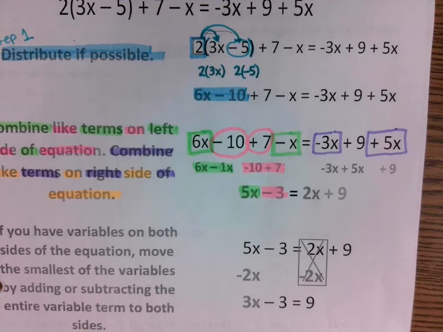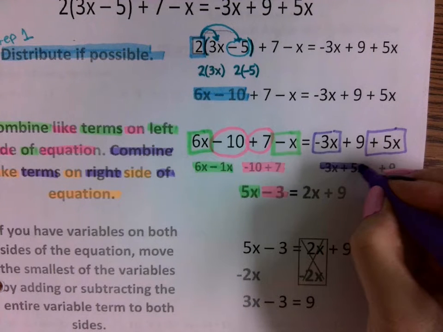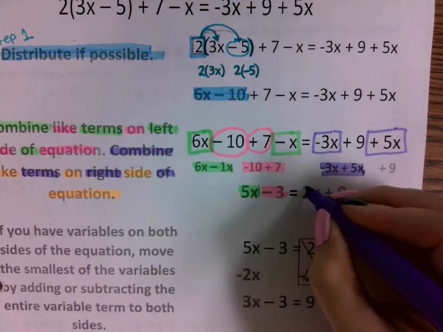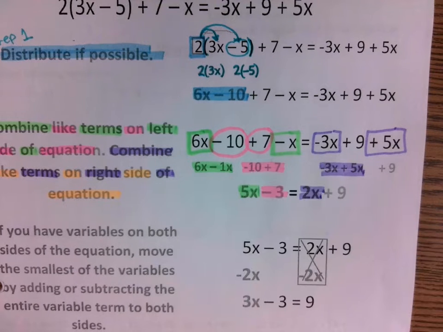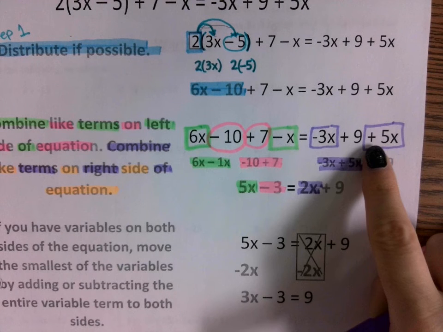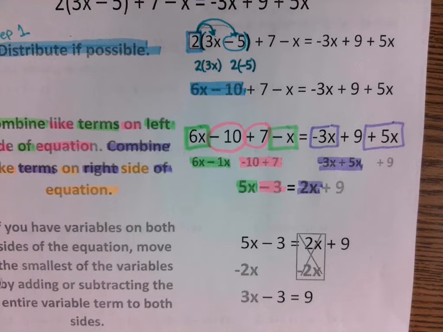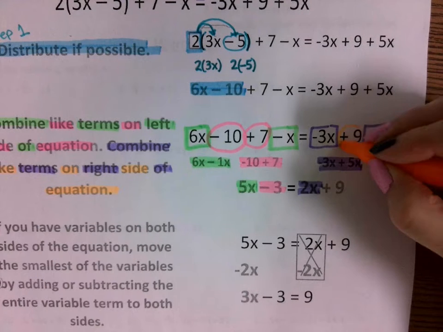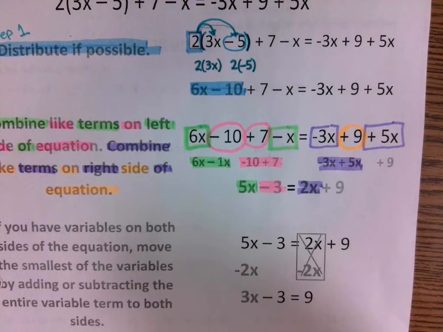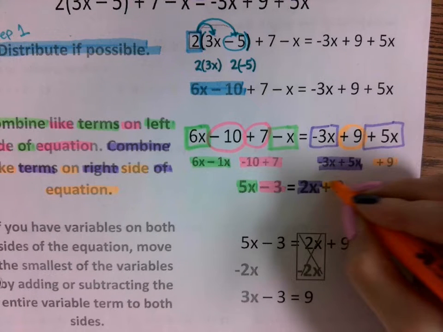Negative 3x plus 5x comes out to a positive 2x. And then we have a positive 9, but we don't have any other like terms with it, so it just stays a positive 9. So we now get the expression 2x plus 9.